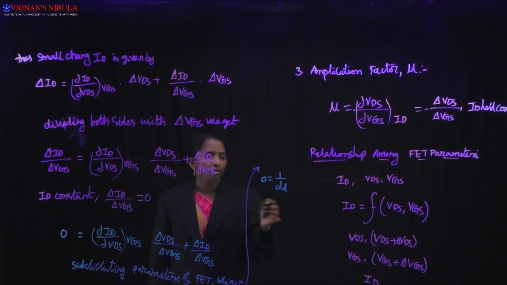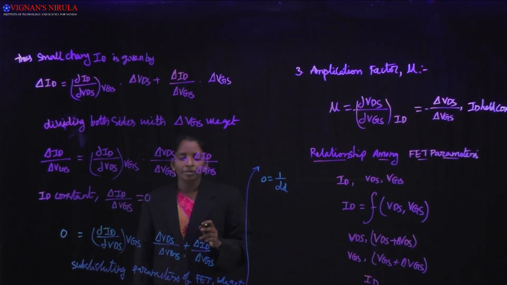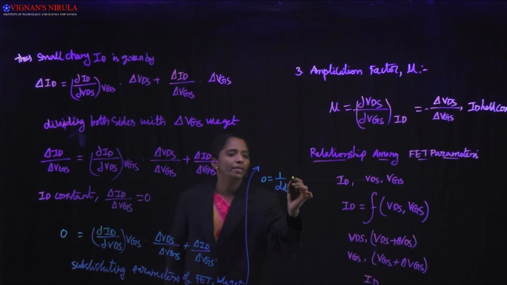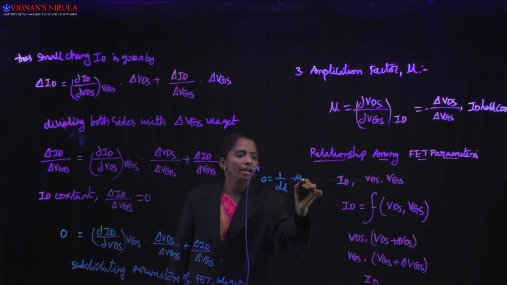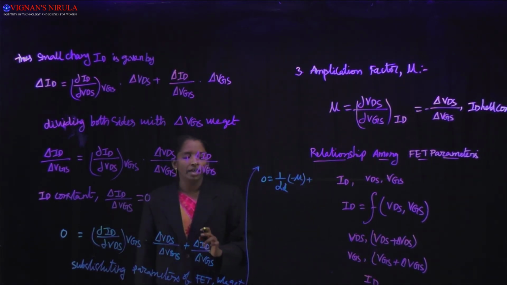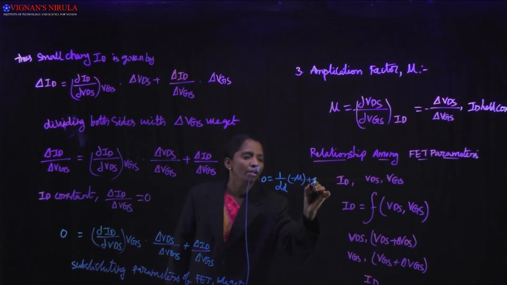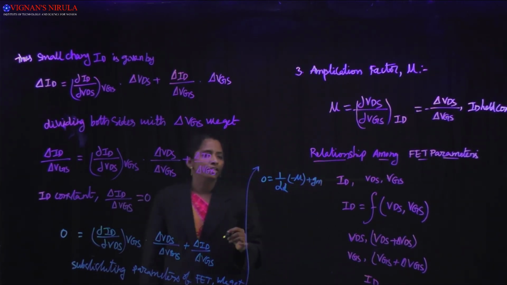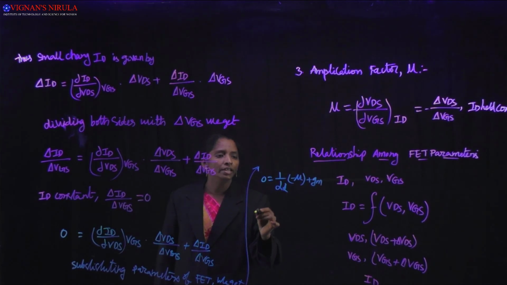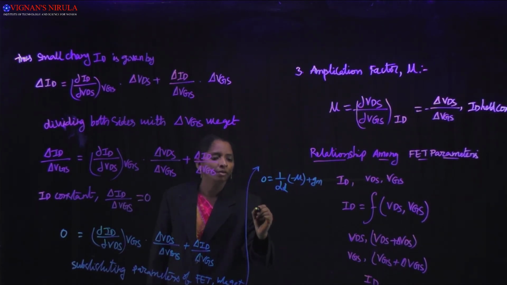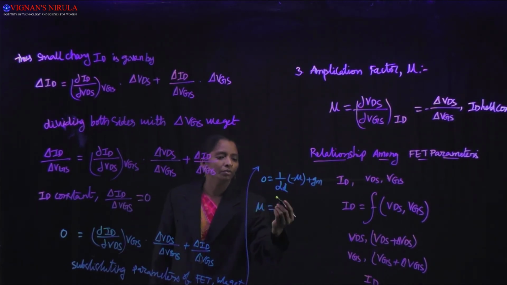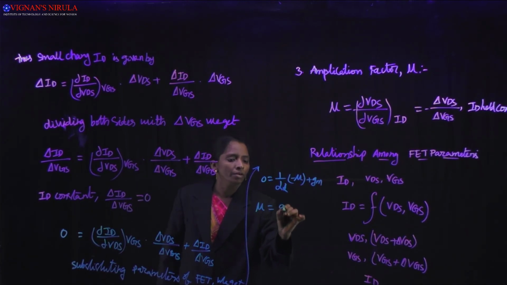And dou VDS by dou VGS is represented with the amplification factor, that is minus mu. Then dou ID by dou VGS is equal to GM, the mutual conductance. Now rewriting the equation, we get mu equal to GM into RD.